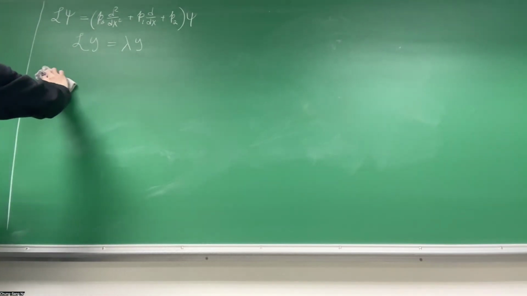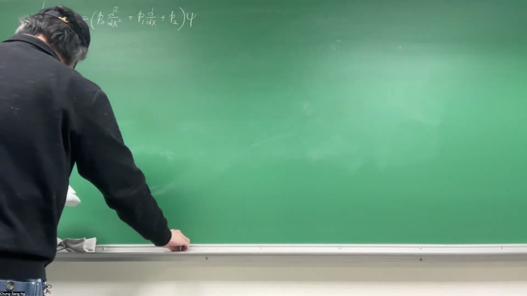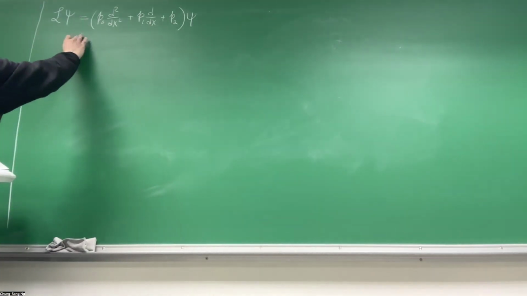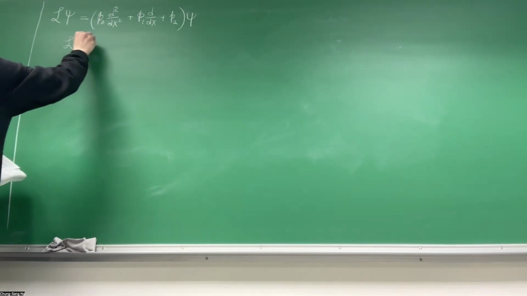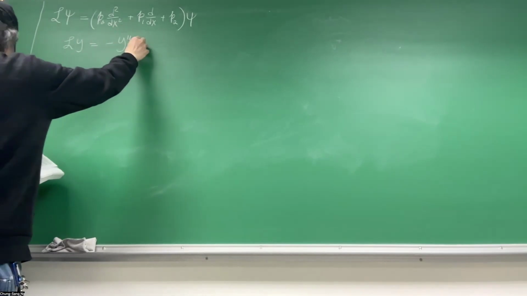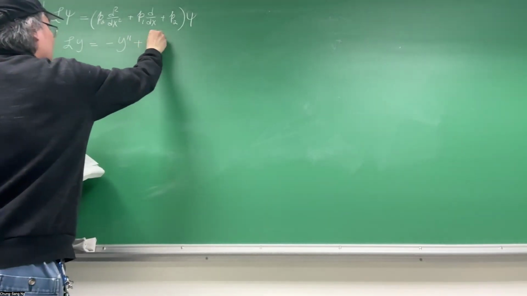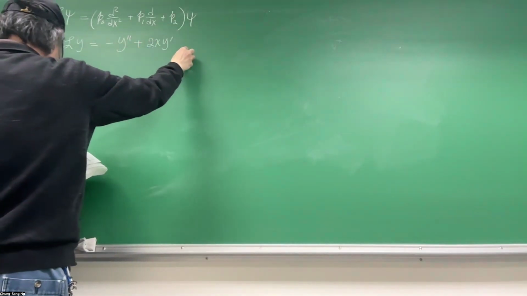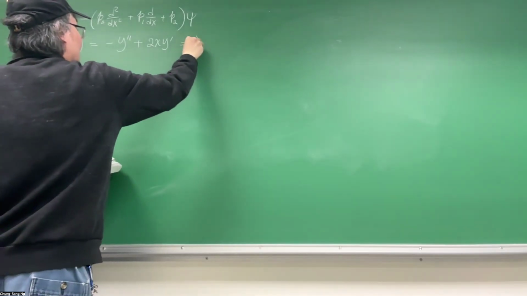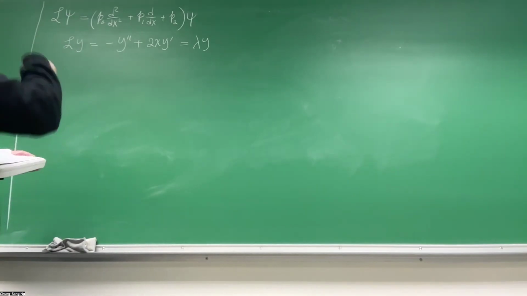The operator is L times Y equals minus Y double prime plus 2x Y prime, equal to lambda Y. That is your eigenvalue problem.